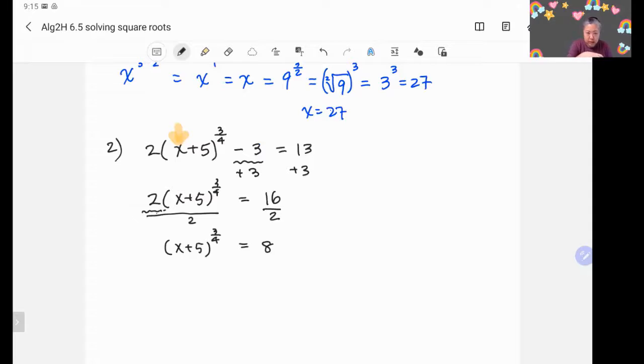We just did this: we raise both sides by the rational exponent that is the reciprocal, right?